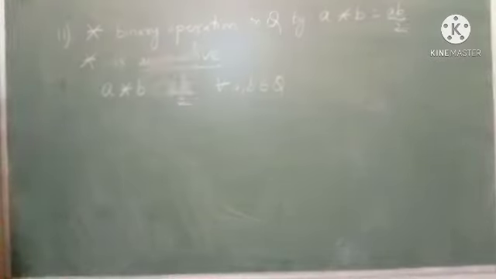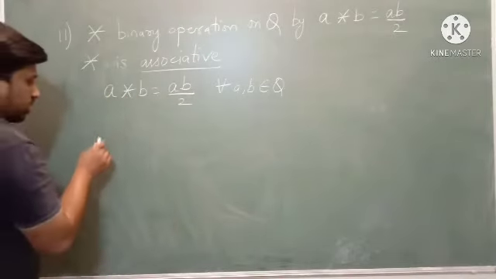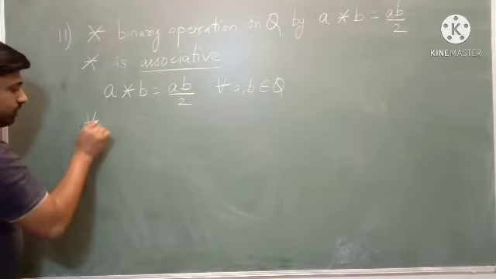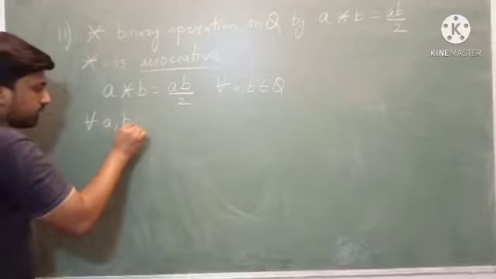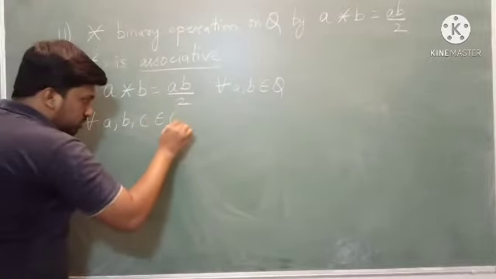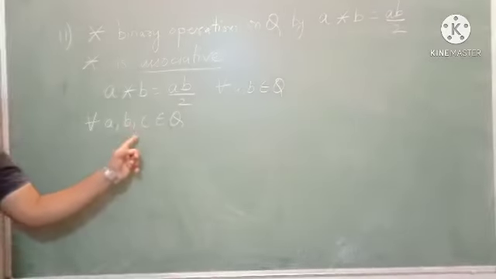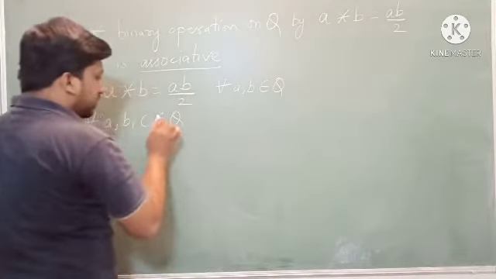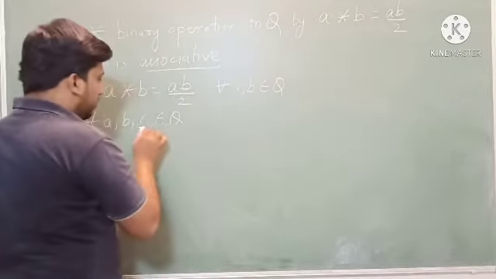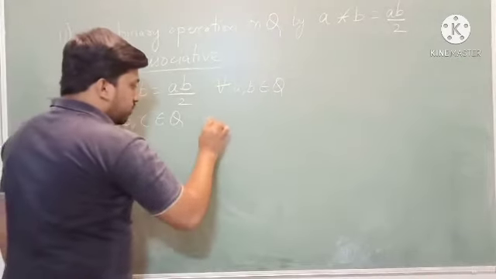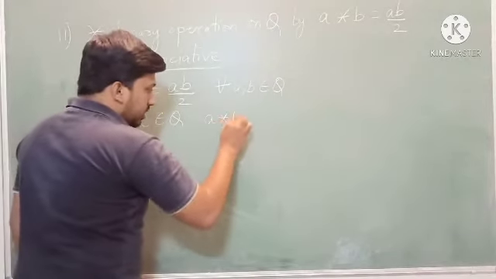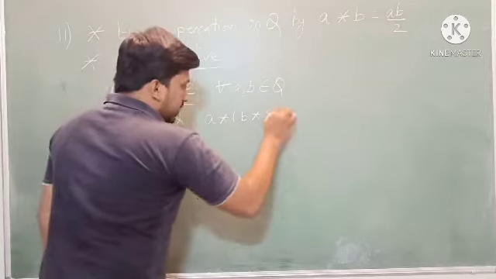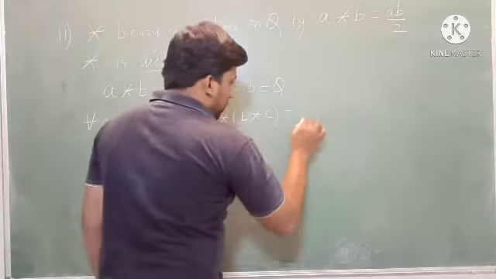So if you take the associative law, you can take for all A, B, C belongs to Q. We are taking some variable C which also belongs to Q.